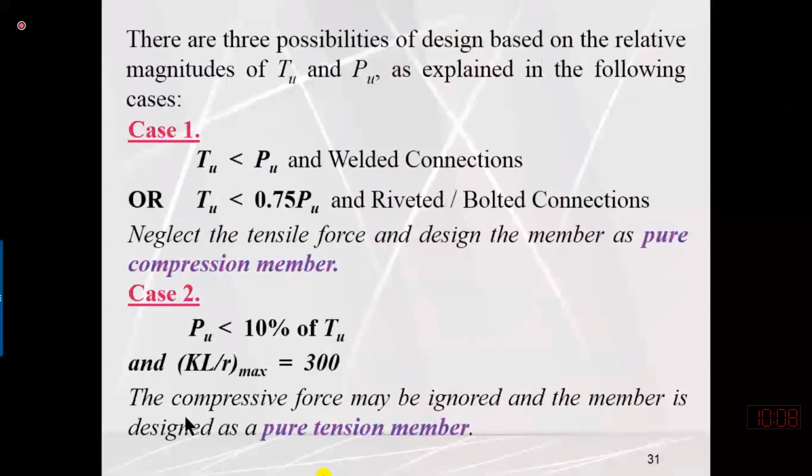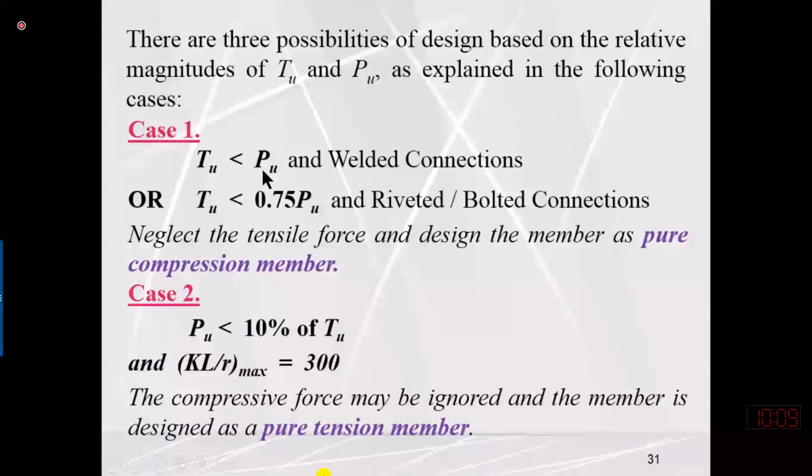Case number one is that if the maximum factored tensile forces are less than the expected factored compressive forces in case of welded connection, then we need to design this member as a compression member. We will study the design of compression member in our next topic.